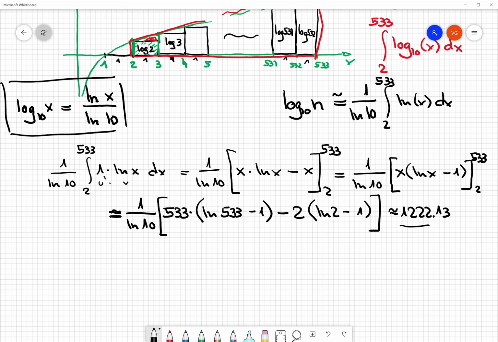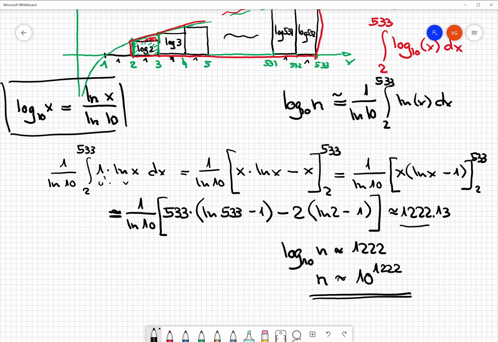We know that the logarithm in base 10 of n is approximately 1222, and n therefore is approximately 10 to the power of 1222. That's the approximate number of arrangements there are.